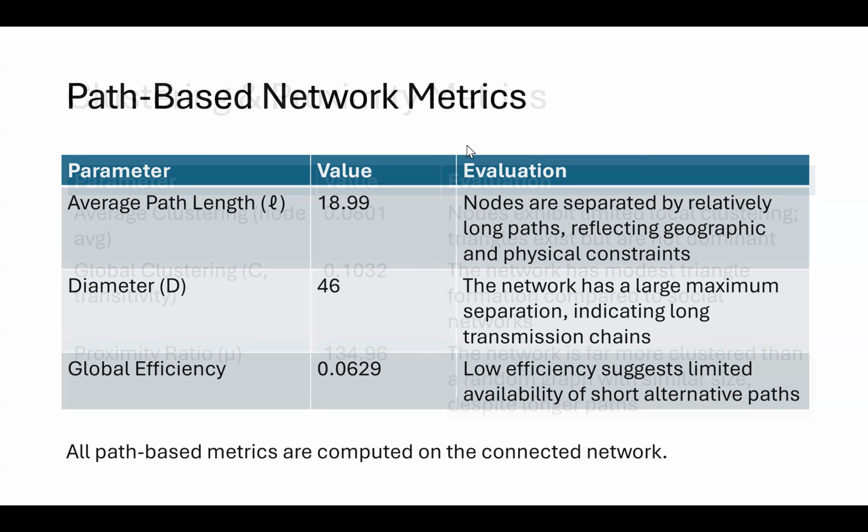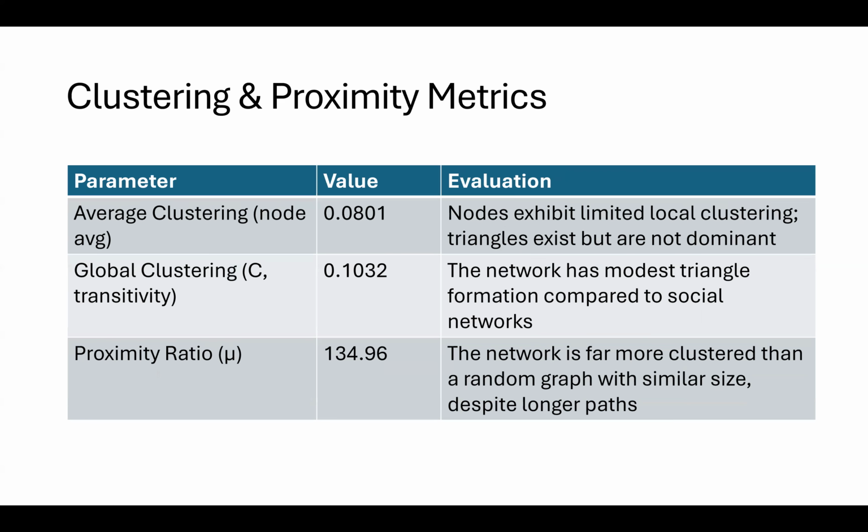Now we will talk about the clustering properties and small world characteristics. The average clustering coefficient is 0.0801. This means that triangles exist in the network, but they are not very common. Global clustering coefficient is 0.1032.